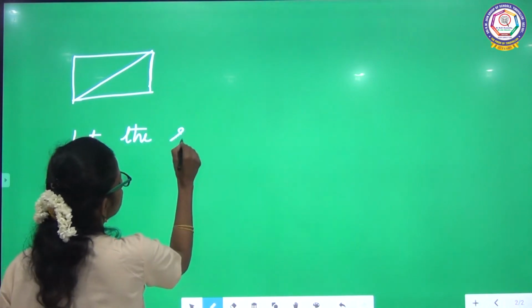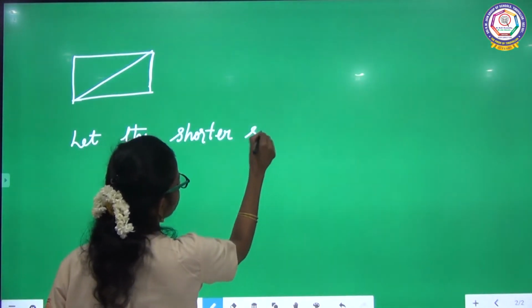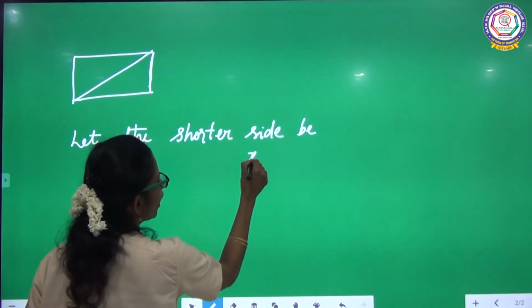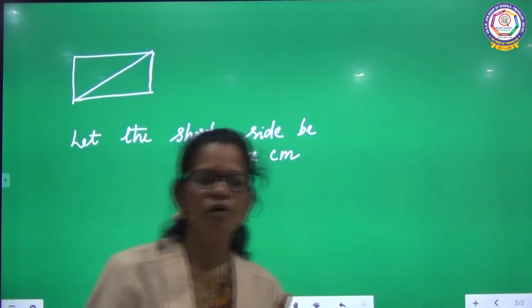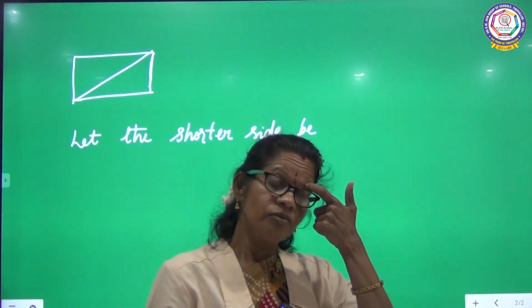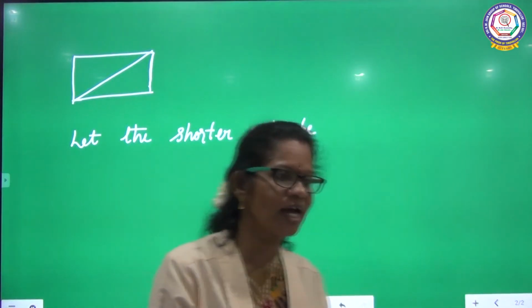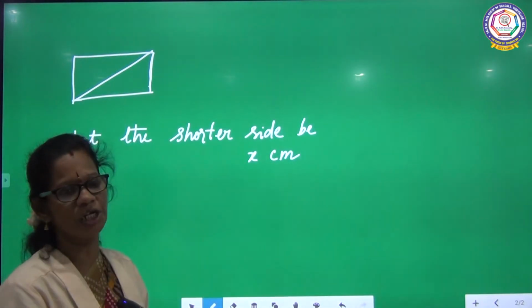Let the shorter side be x meter. It is a single variable format. Two things are compared with the shorter side, that's why I took the shorter side as x.